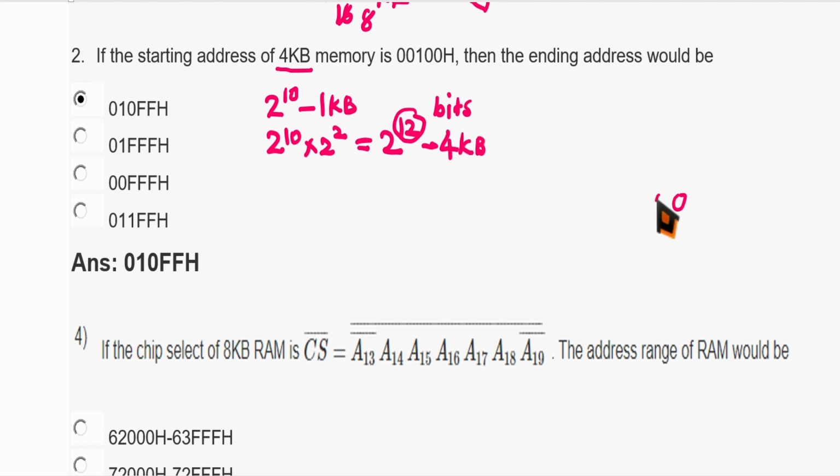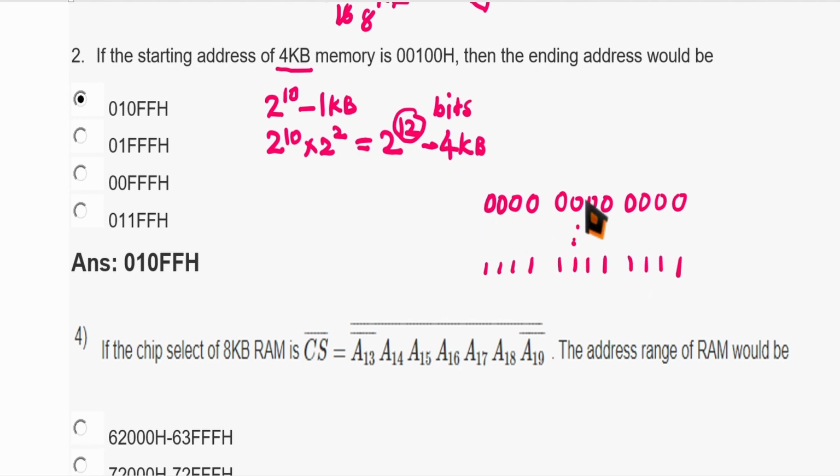So to access 4 KB memory, we have to use 12 bits. We can use like this: 4 zeros, 8 zeros, then 12. So for 4 KB memory, the 12 bits may be 0 or any combination of zeros and ones, and the maximum address will be all ones.